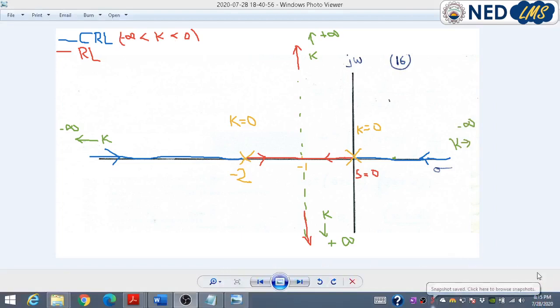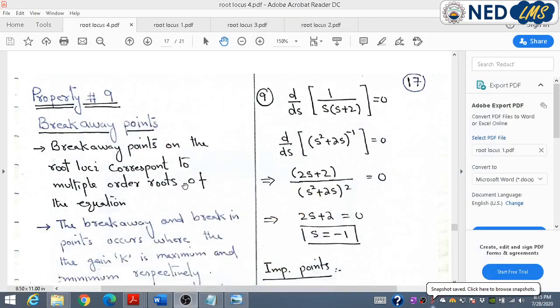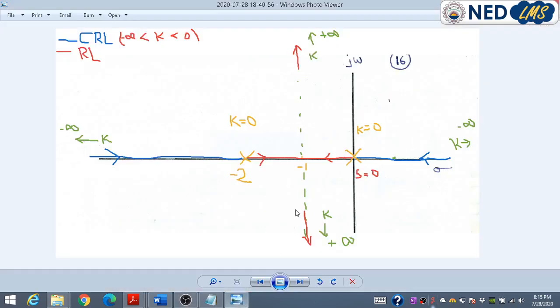Okay, so the maximum value can be found by using another property, which is the breakaway point. In this property, the breakaway point on the root loci corresponds to a multiple order root of the equation. It is also obvious from this diagram.